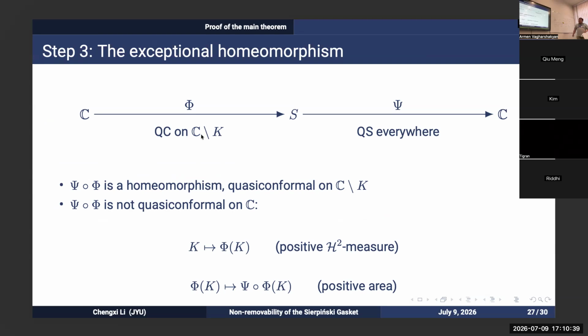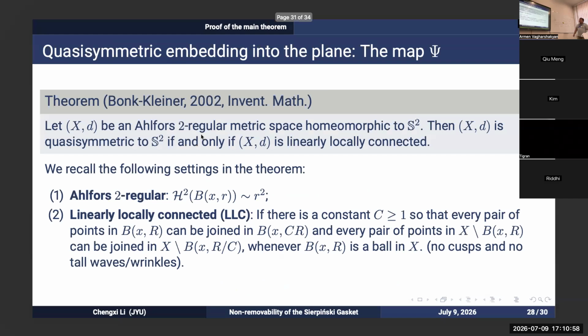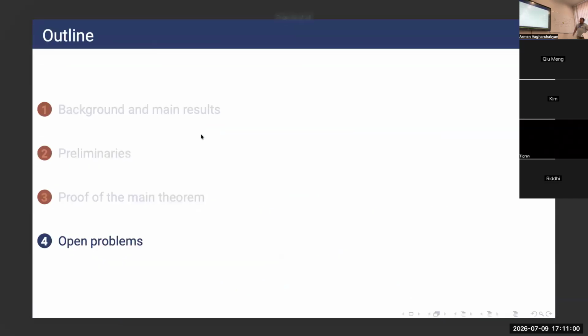So by the Lusin N condition, we know that it cannot be a quasi-conformal map from C to C, because if it's from C to C, it must map measure zero sets to measure zero sets. This is not satisfied. So this is a construction of the exceptional homeomorphism. And the last part I want to talk about is the open problems.